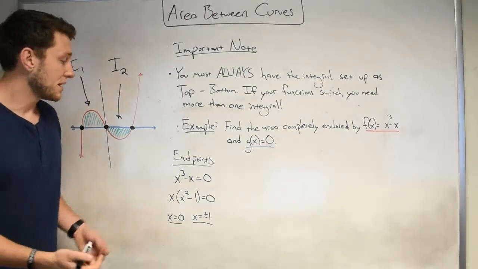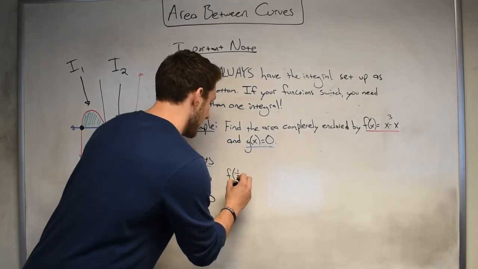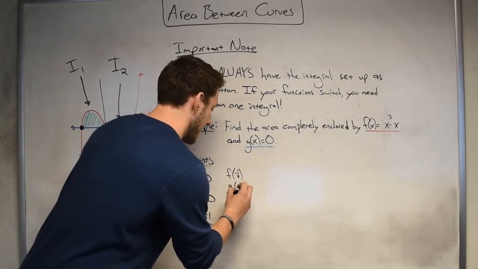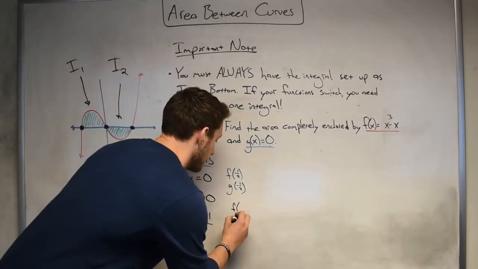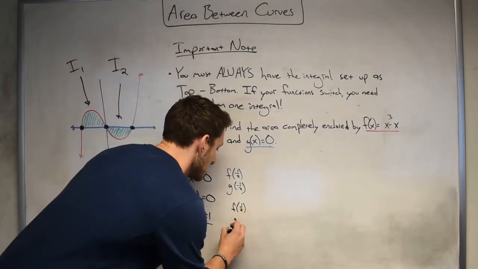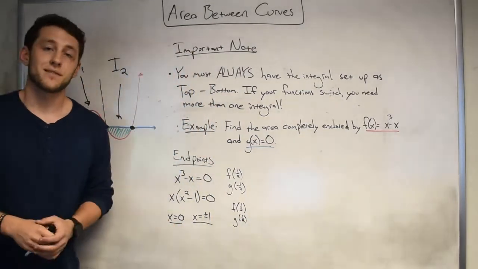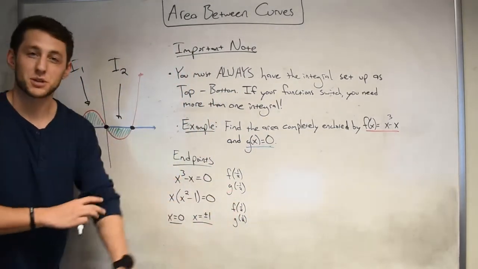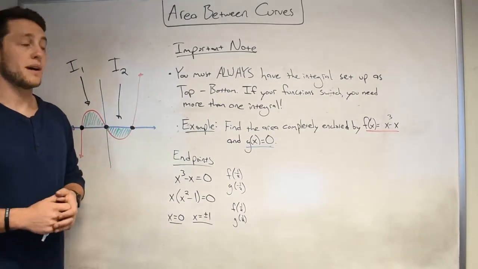So maybe one thing we could test would be f of negative 1/2 compared to g of negative 1/2. And then we could test f of positive 1/2 compared to g of positive 1/2. As you can see, this gets to be a little bit tricky and not so clear, so really a graphing calculator ends up being your best bet.